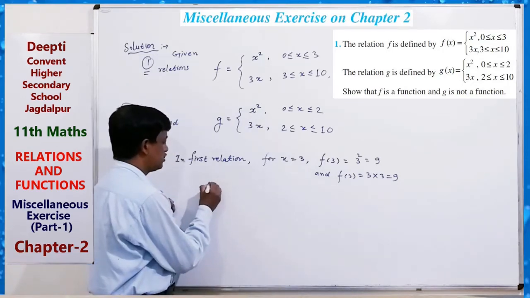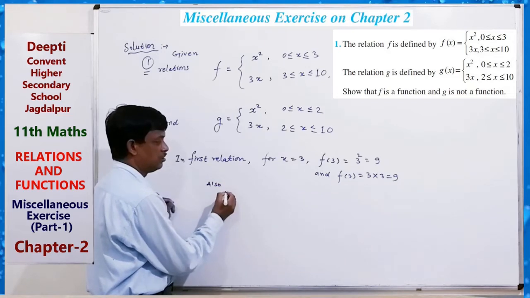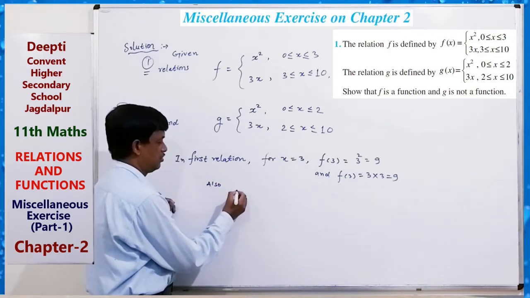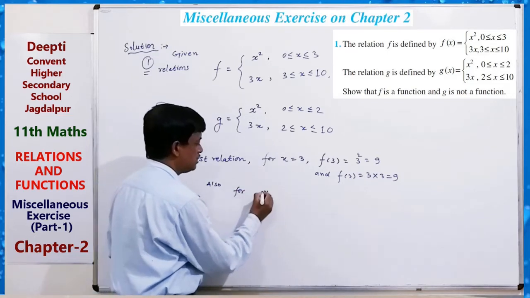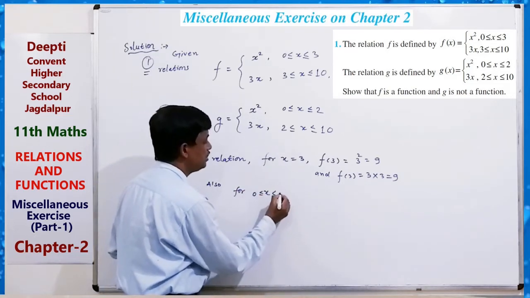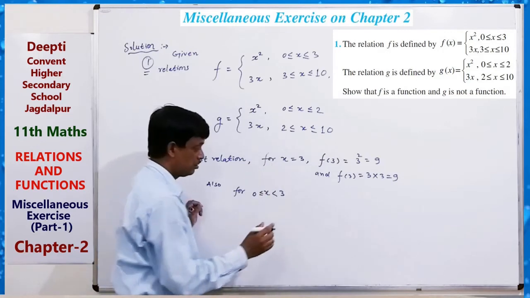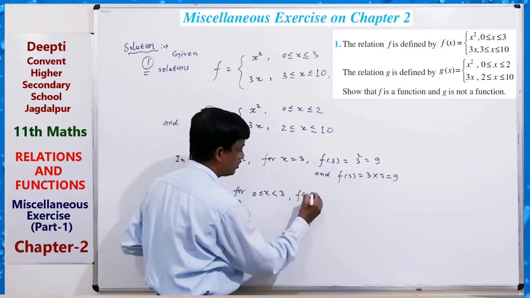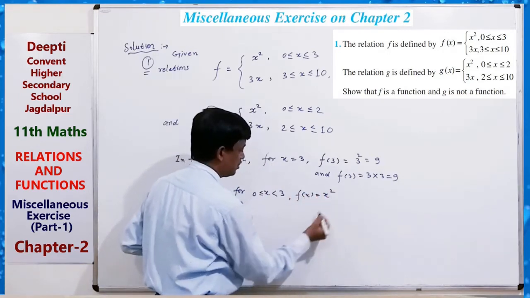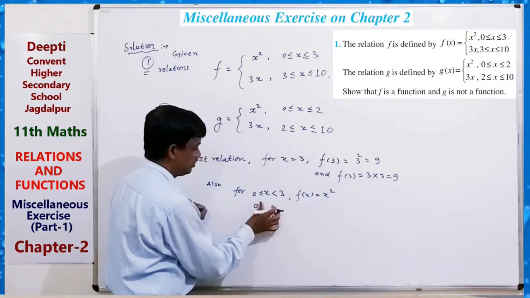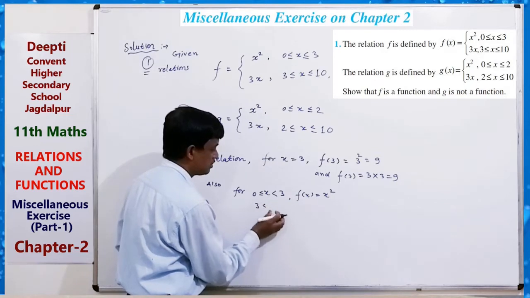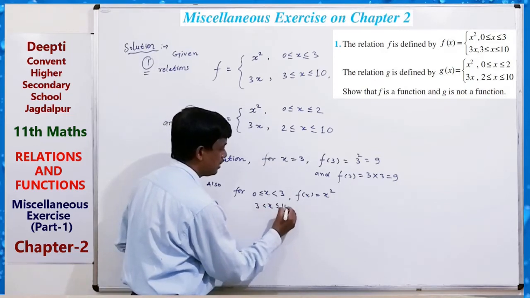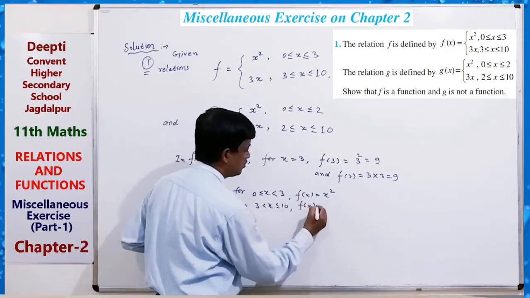And also for x lying between 0 to 3, only 3, f(x) equals x square. And for 3 less than x less than equal to 10, f(x) equals 3x.